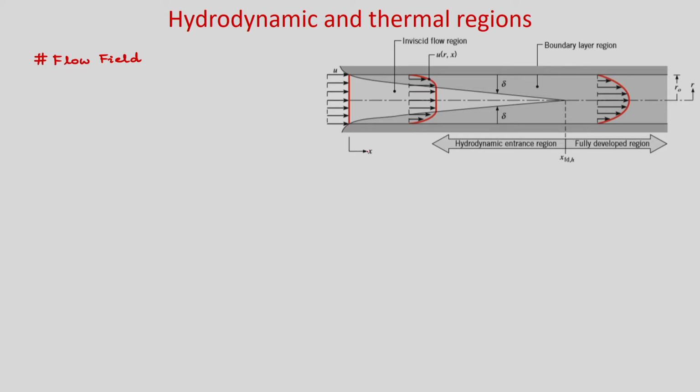In general, x is the axial direction, along the center line, and from the center we will consider r, which is the radial direction.